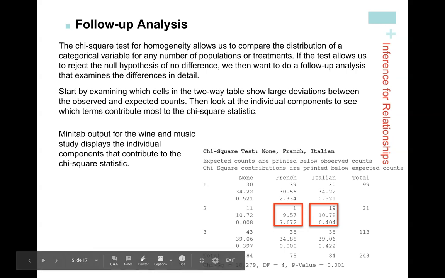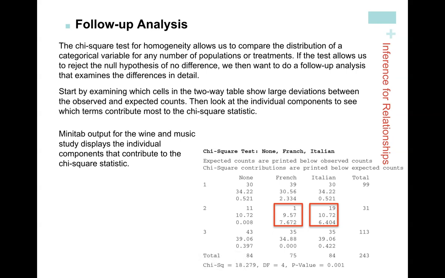And right down here, what do we have? Check that out. It has the chi-square test statistic, 18.279. It has your DF that was used, 4. And how did you get 4? 3 minus 1 times 3 minus 1, the number of rows minus 1 times the number of columns minus 1.